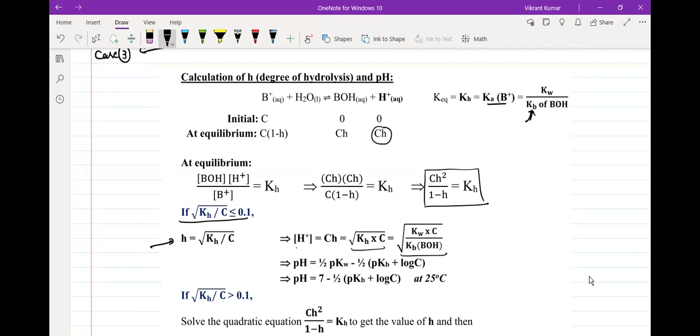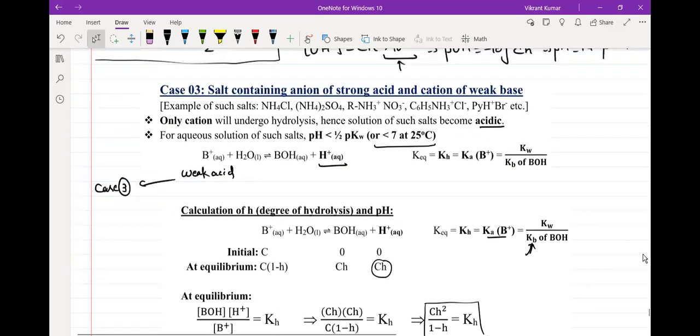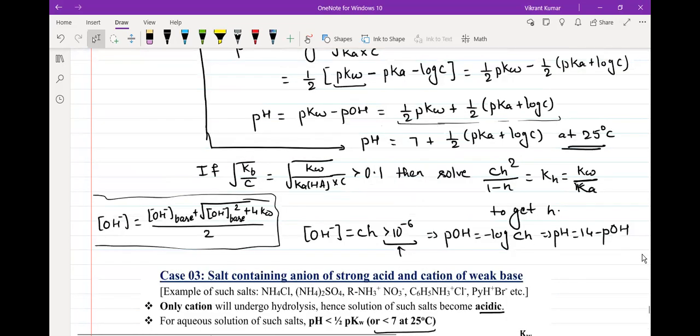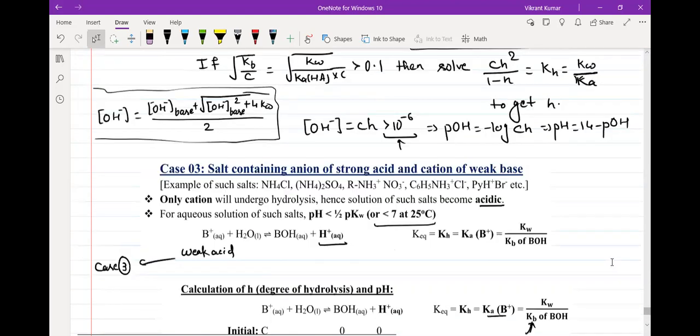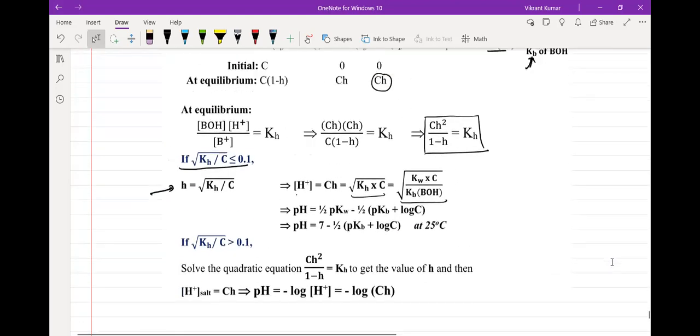And वहां से solution जो आता है, याद रखने का क्या तरीका है, last time we were having 7 plus because we were expecting a basic solution, so we were getting 7 plus half pK plus log C. This time we'll be getting 7 minus half pKb plus log C. That's the formula we are getting here, है ना.